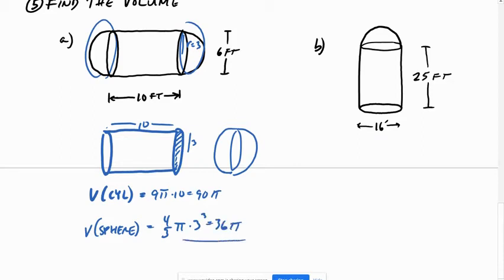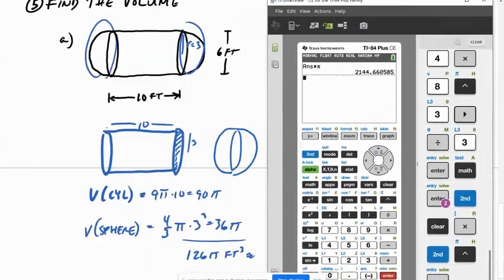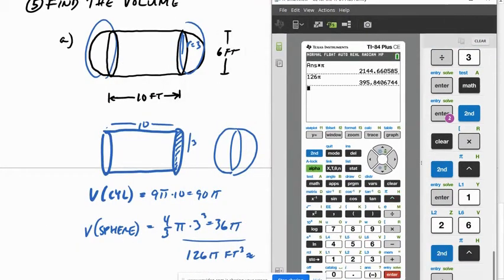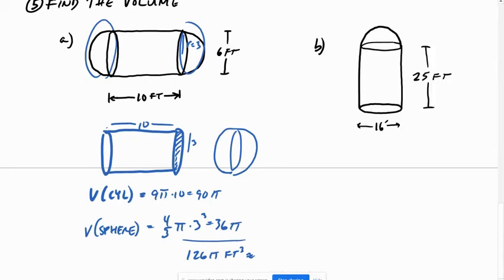So now when we add those, we get 126 pi cubic feet, which is about 395.84 cubic feet.